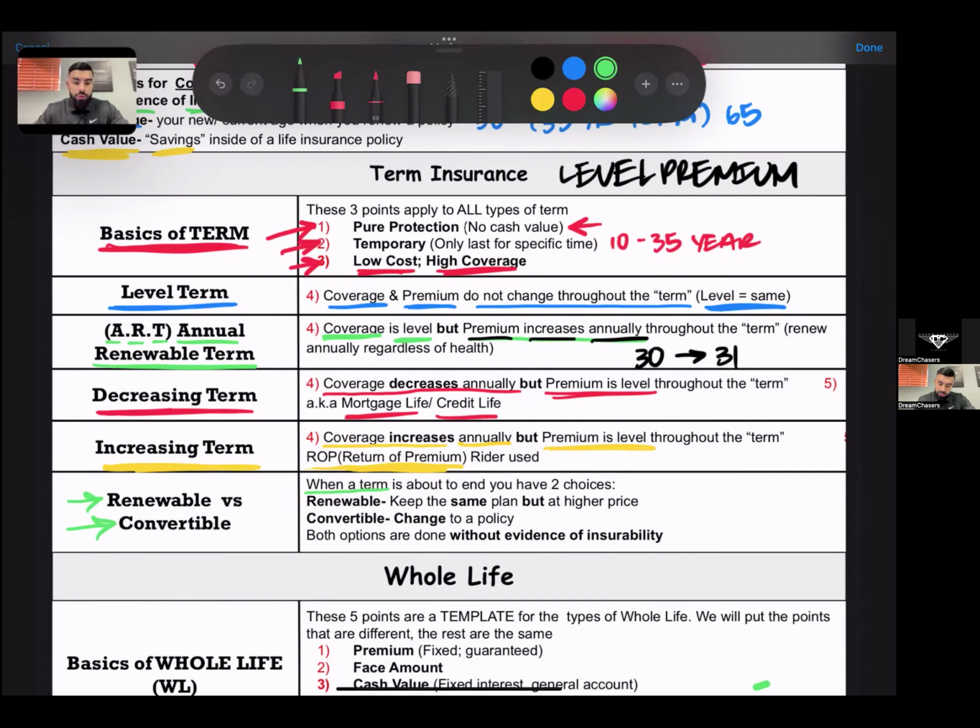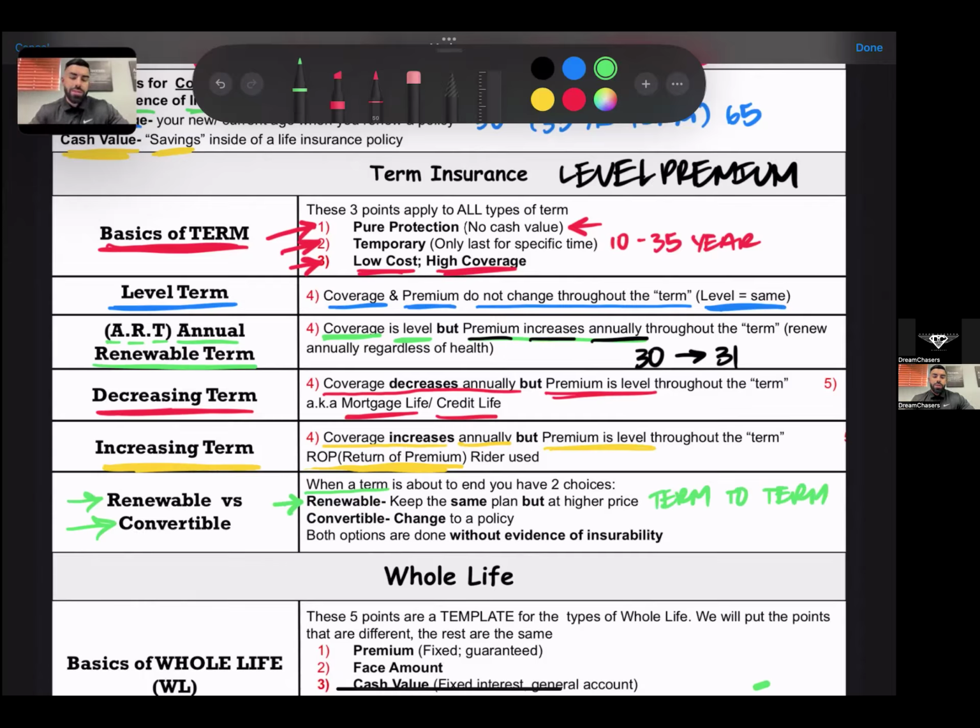The first one is the renewable provision. When it's renewable, it means you're going to keep the same type of policy, which in this case is a term policy, and you're going to renew it for another term. So here you're going from term to term.